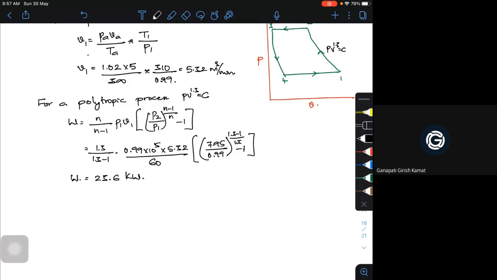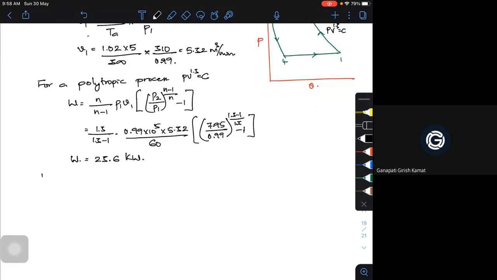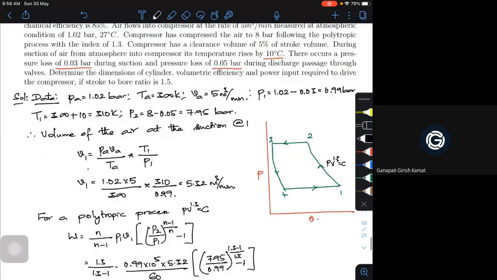This is the work of compression. Now, what will be the power input required? The power input required, PIN, is equal to work done divided by mechanical efficiency, which is given as 85% in the numerical.